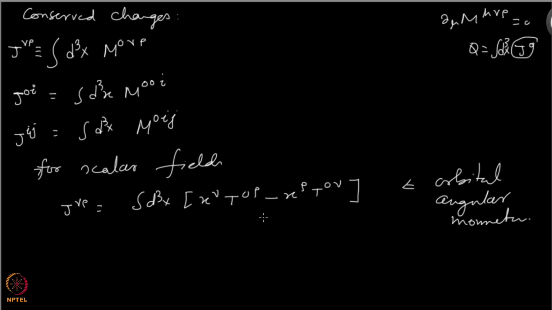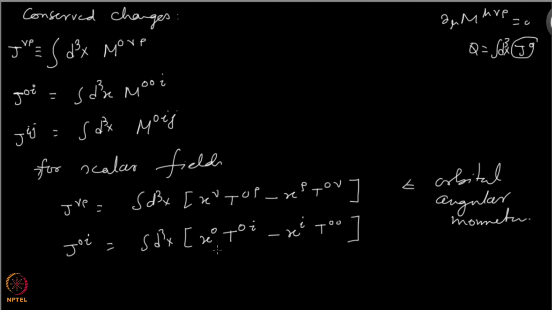That's one set of conserved charges you get from here, which also, if you put one of the indices to be 0, you see that this conserved charge corresponds to boosts. So I put nu to 0, rho is I, t nu 0, 0.